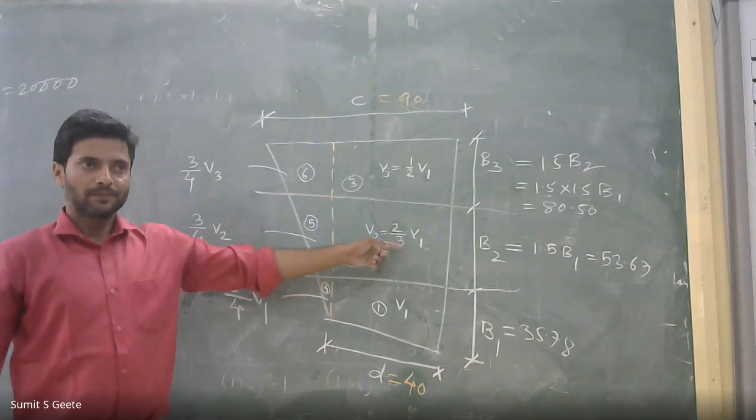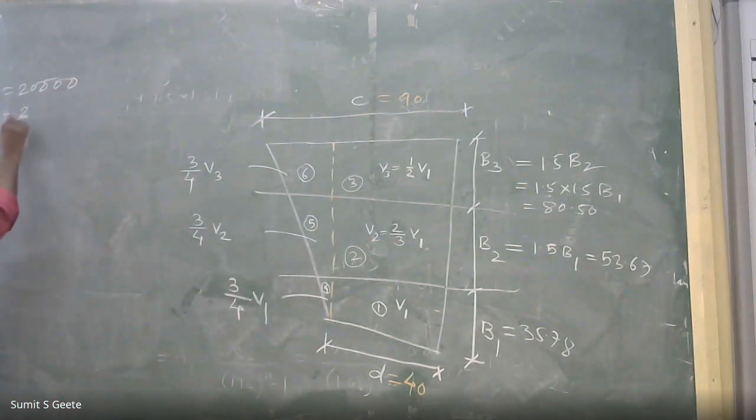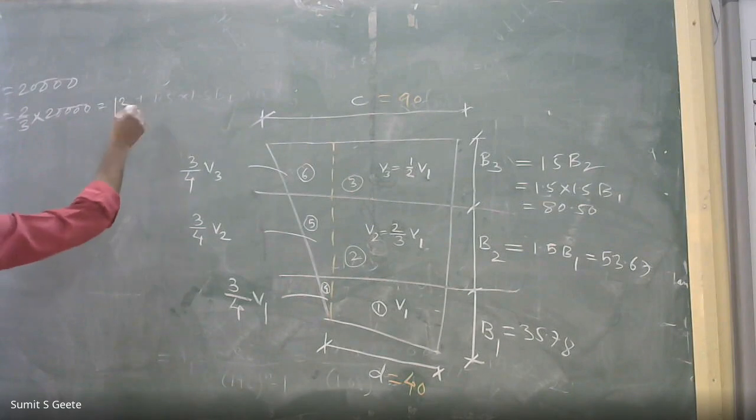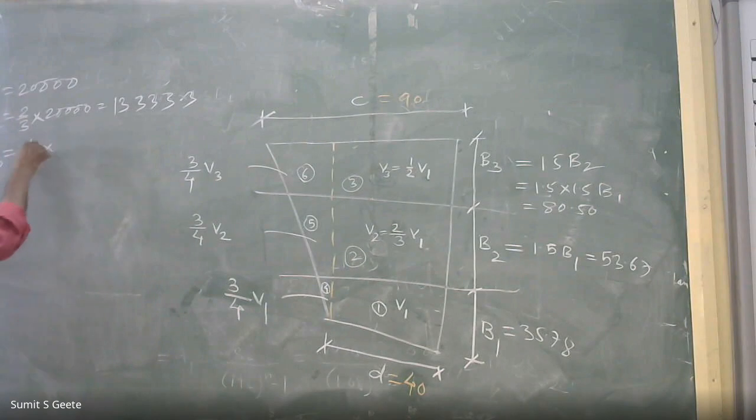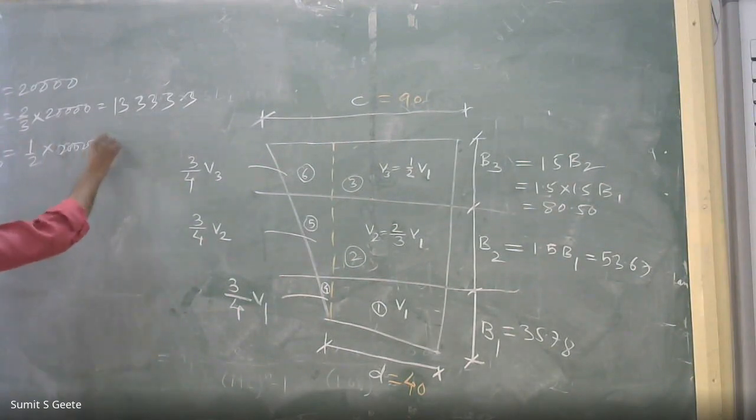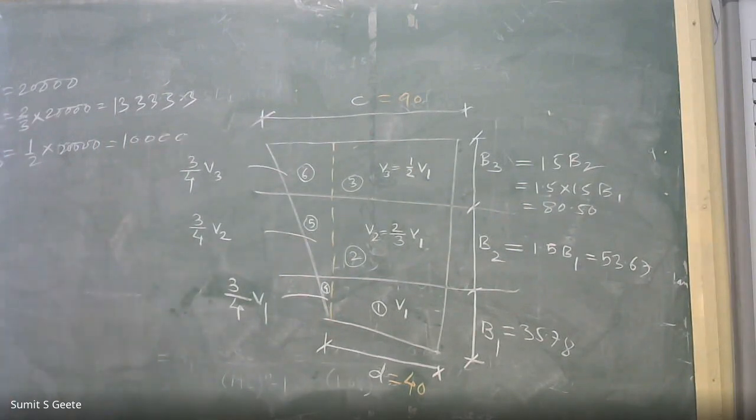It is 2/3 of V1, which is 13,333 approximately, and V3 is half of V1, so 10,000. So these are the rates.